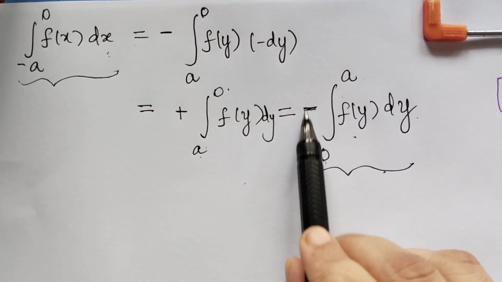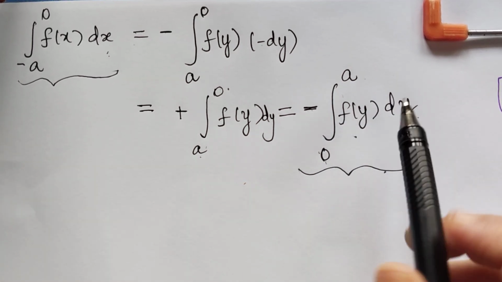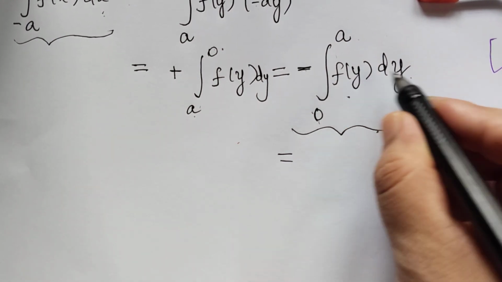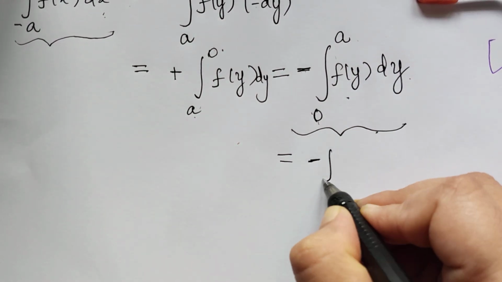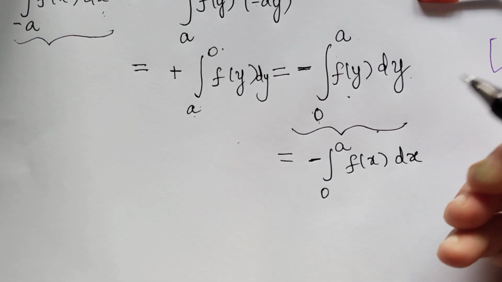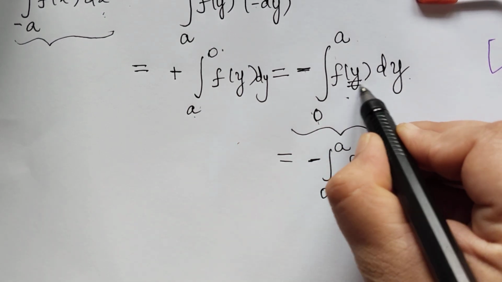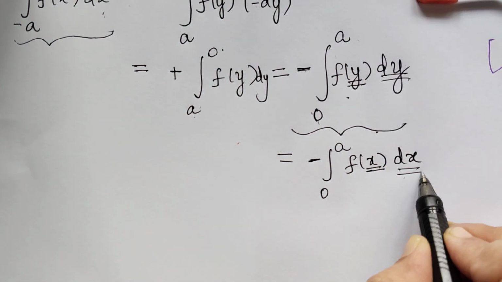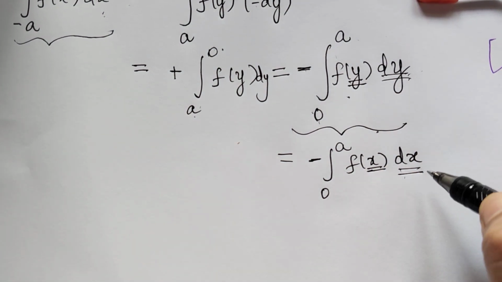I already told you the variable can be changed. So it will be changed to minus integral 0 to a of f of x dx. I am not changing anything else, just the variable y has been changed to x and dy to dx. So we can do this in definite integrals.